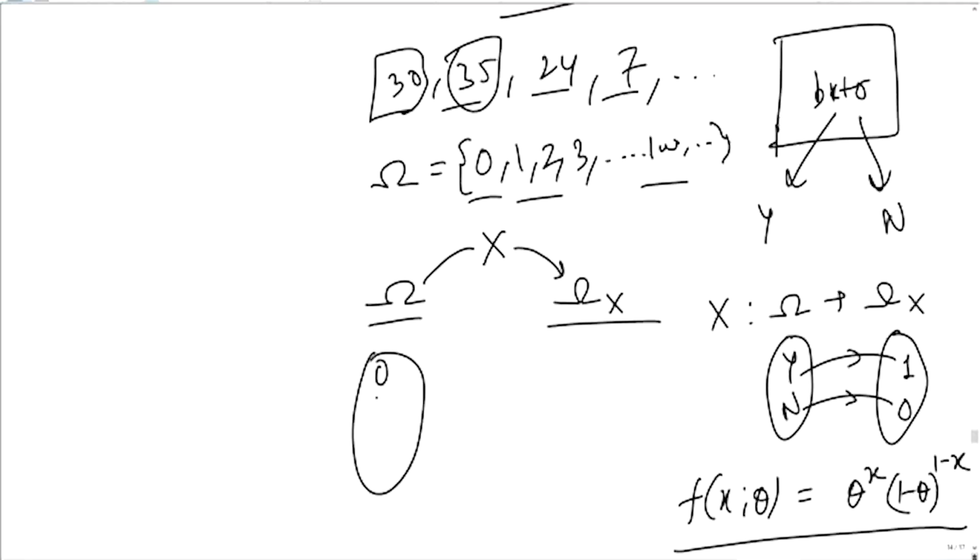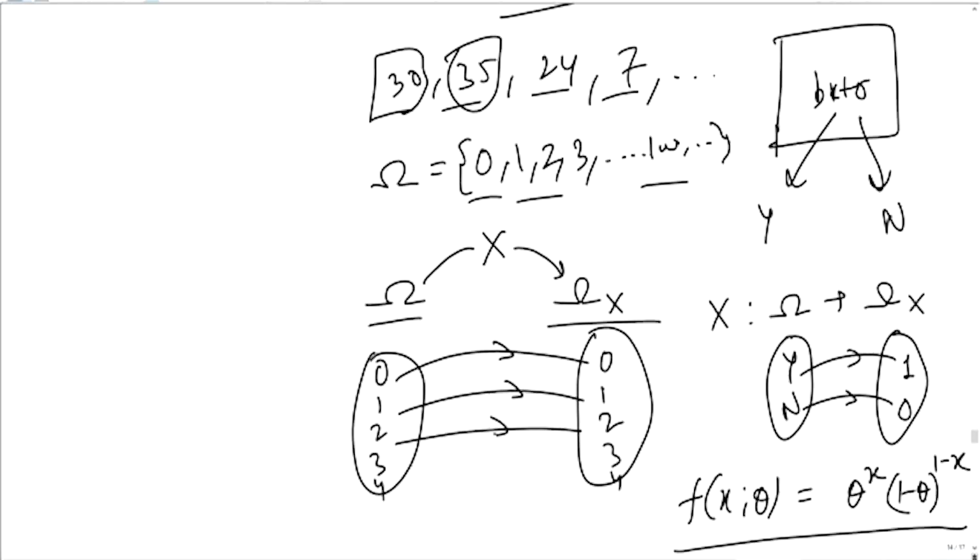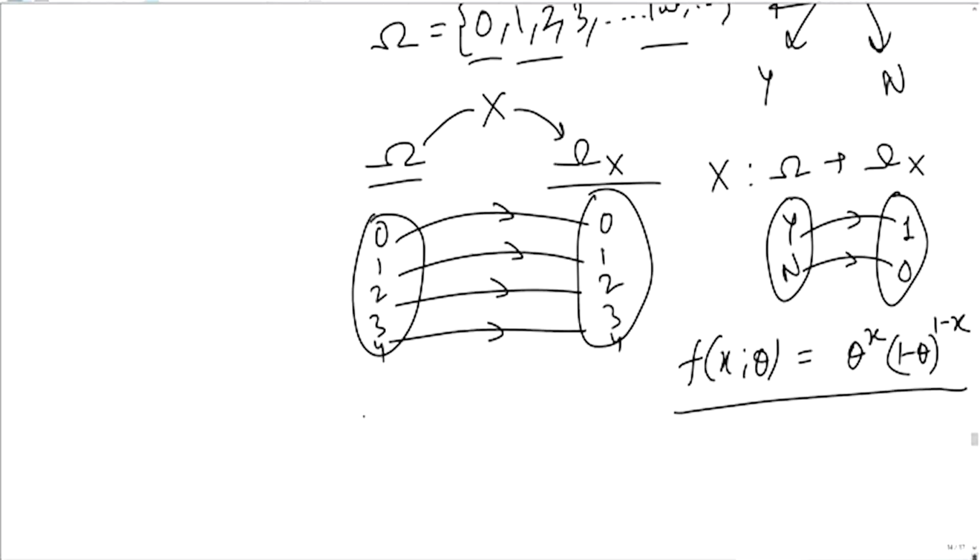So if omega is 0, 1, 2, 3, 4, omega x also has 0, 1, 2, 3, 4, and it maps like this. Okay, so this works for us, no problem in this. So in fact you can write that x of omega is equal to omega, where omega is an element of this sample space.